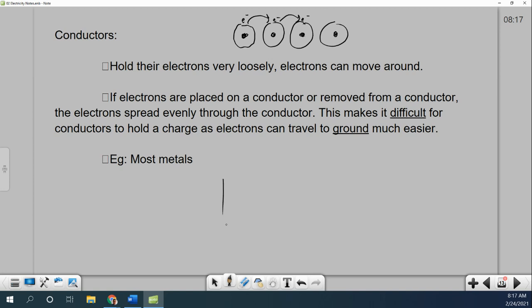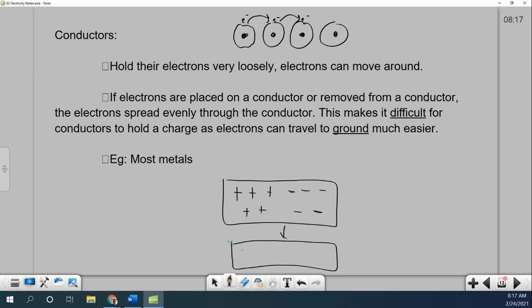So if I take my conductor and I try the same thing I did last time, I charge one end negatively, I try to get the other end charged up positively, it's just not going to work. What's going to happen is those negatives will spread out and they will make sure that it's all equally balanced.